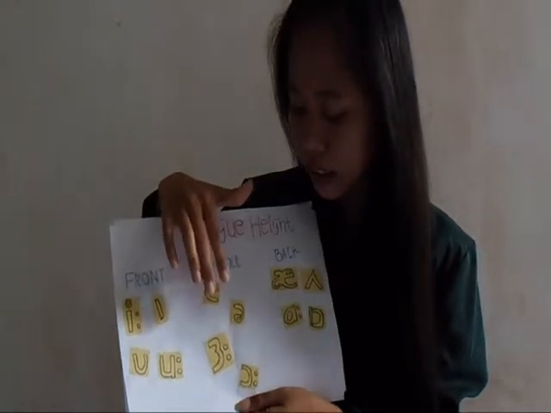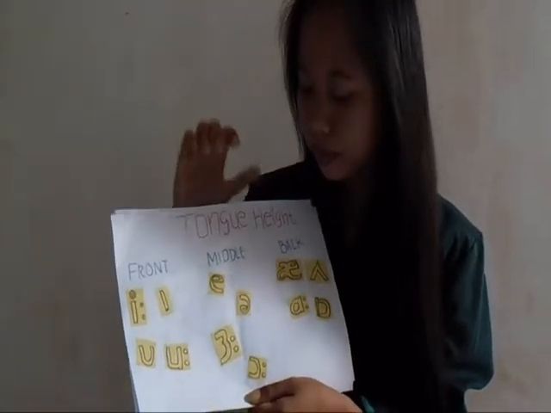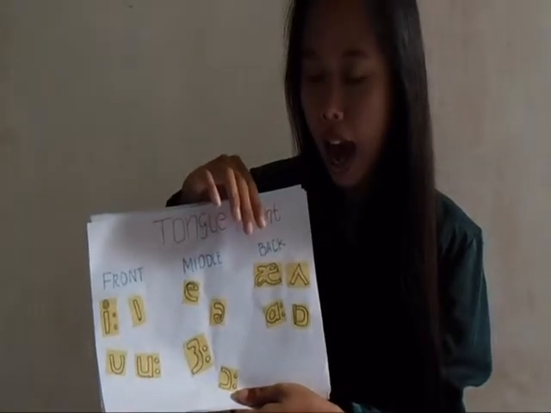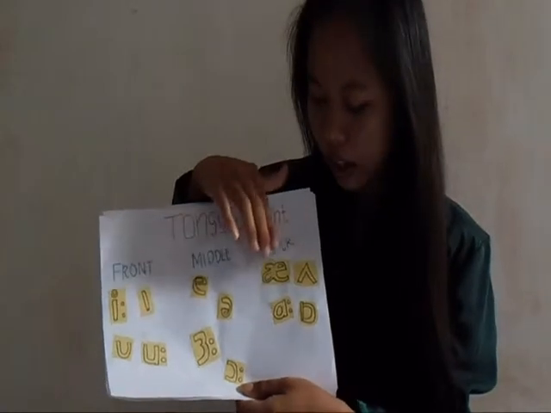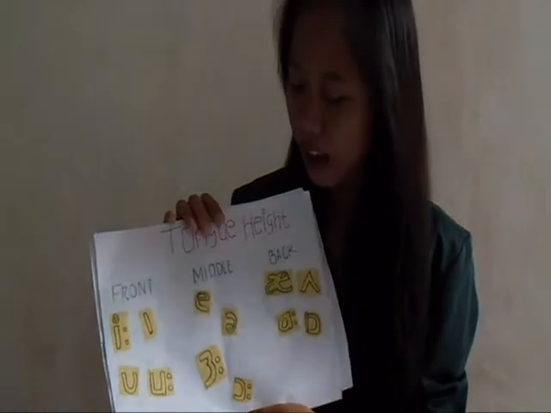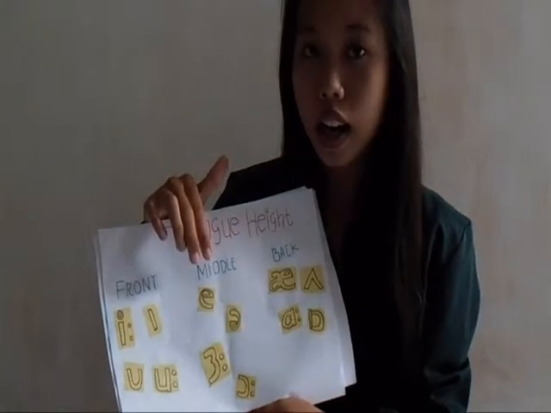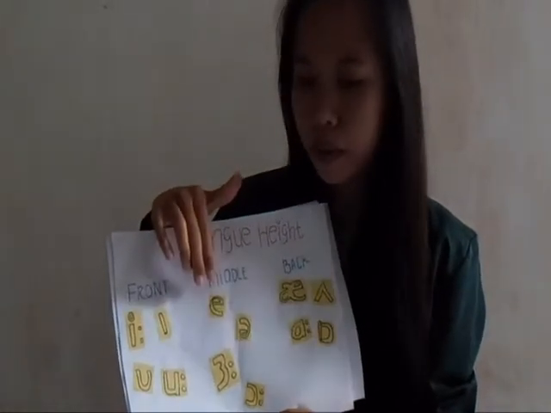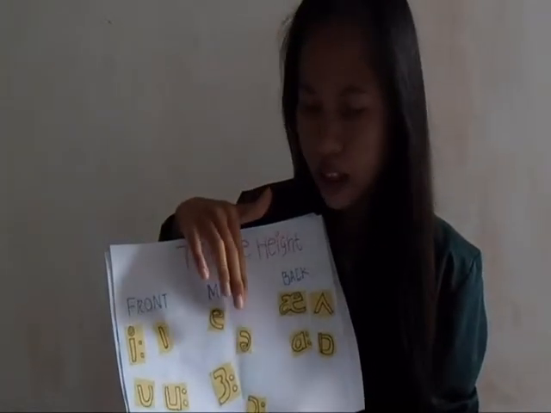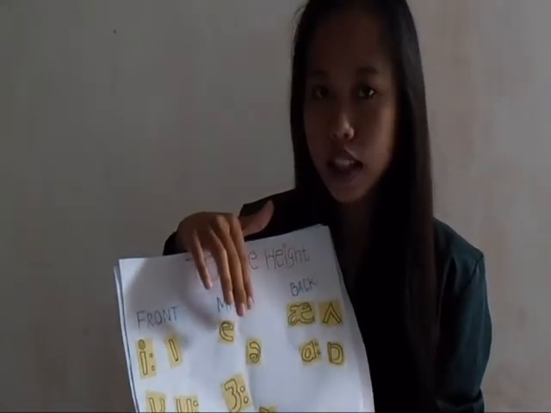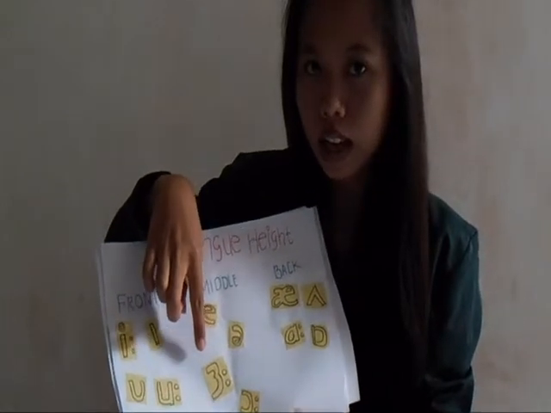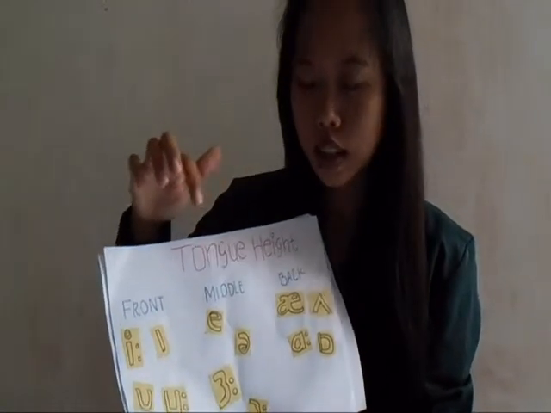For middle vowels, there are A, and E, and O. For back, there are a, and a, and o. For middle, the first, for example, is guess, the second, for example, is account, and the third, for example, is earth.